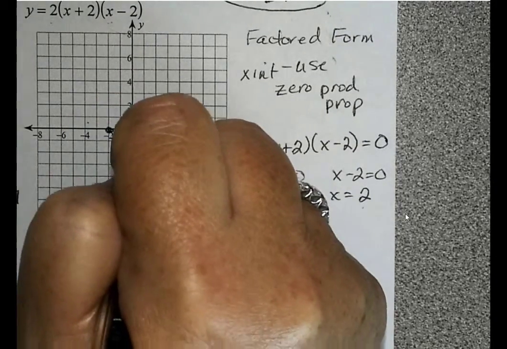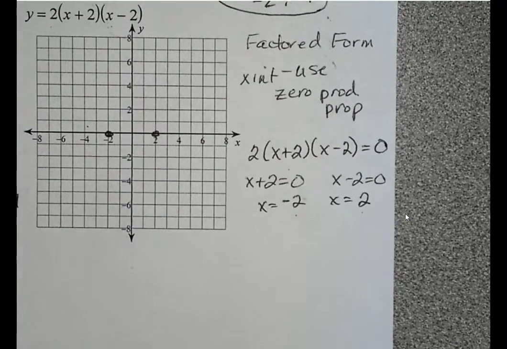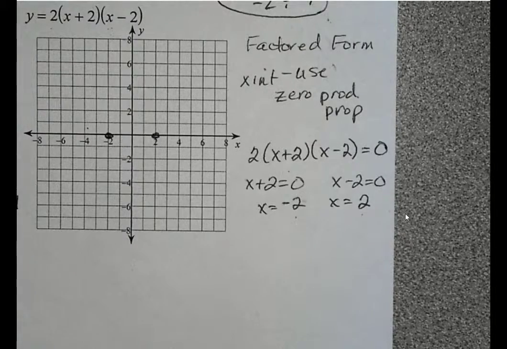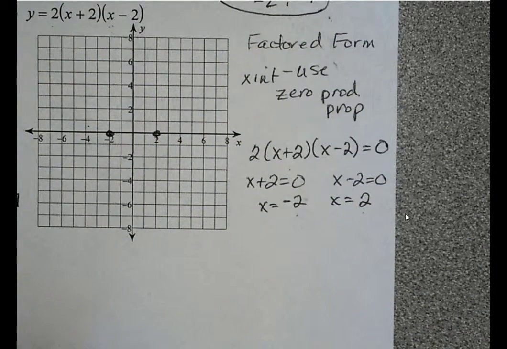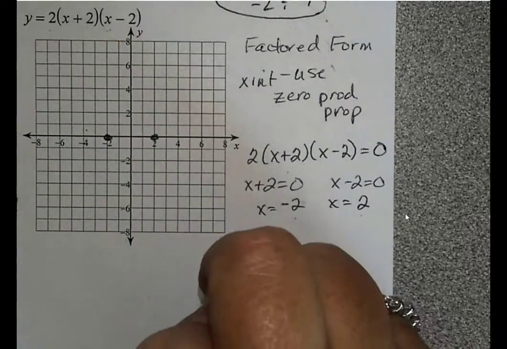I can go ahead and plot those. There are my x-intercepts. Now, in order to see what the line of symmetry, what the vertex, and what the y-intercept are, one way to figure out the y-intercept is that we know the value of x is equal to 0 when we find the y-intercept.